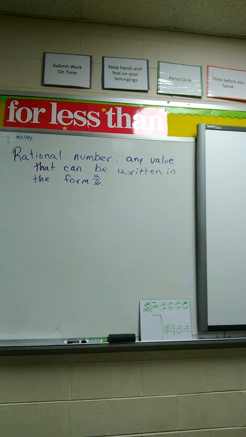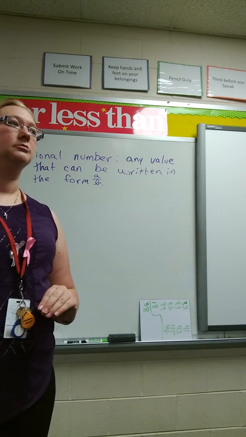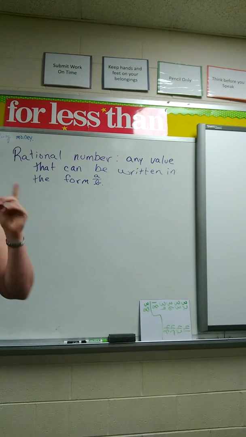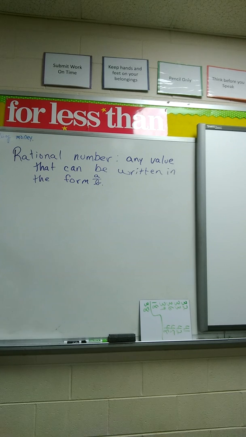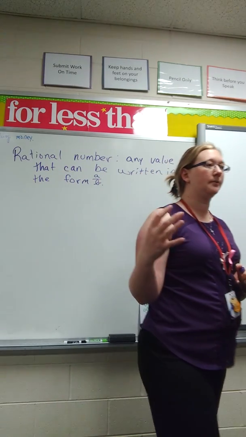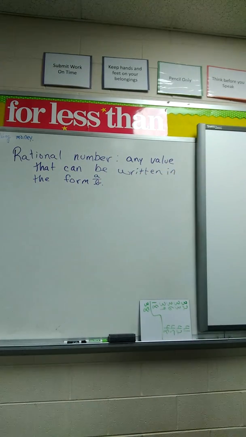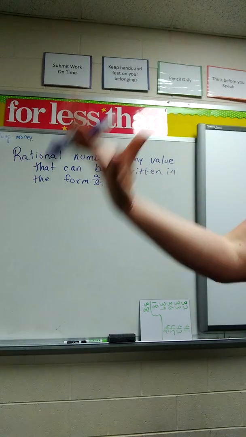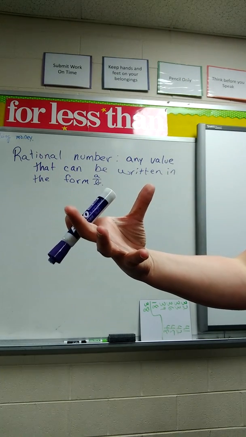Is a whole number rational? Yeah. Is an integer a rational number? Yeah. So what that tells us is that as we go on in our math career, we are adding more to this set of numbers, and we're getting more and more broad. Does that make sense to everybody?